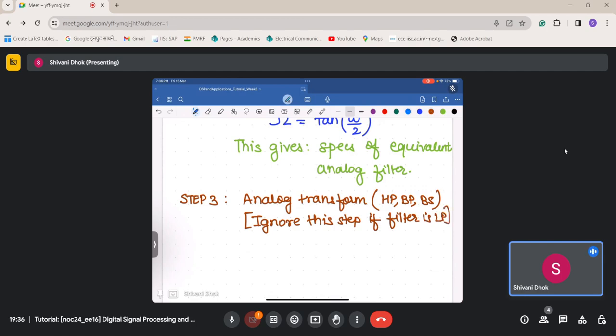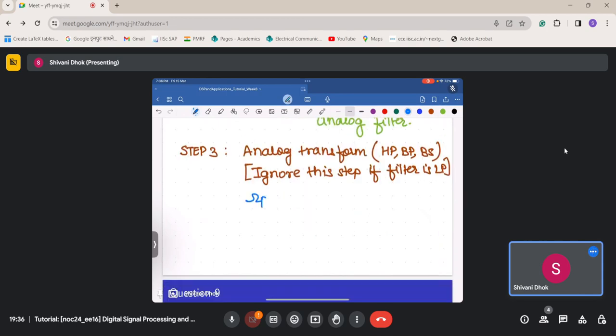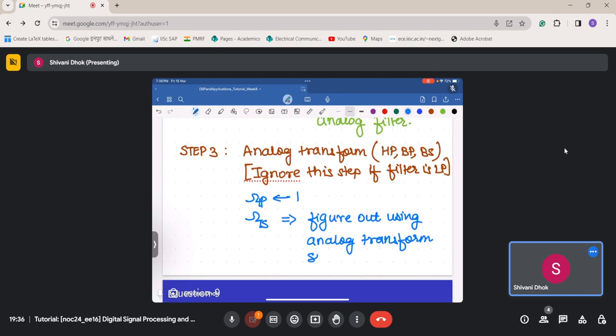Here we will map omega p to 1, and figure out omega ls, or omega LP and omega LS, using the analog transform specific to the given filter.